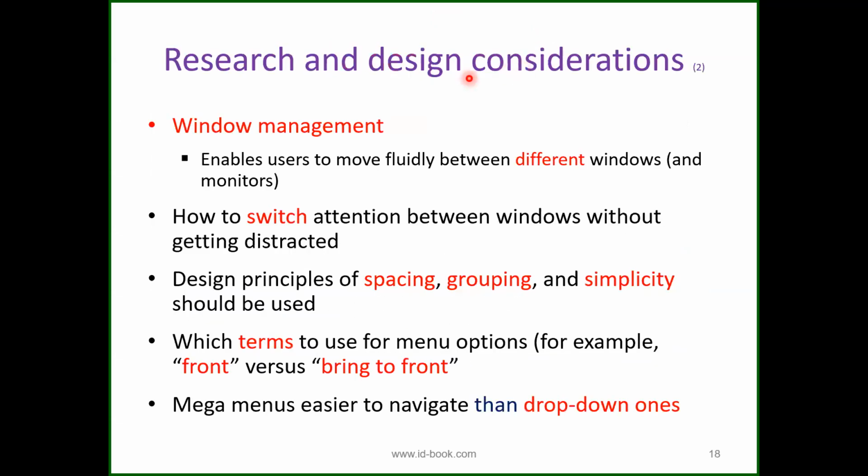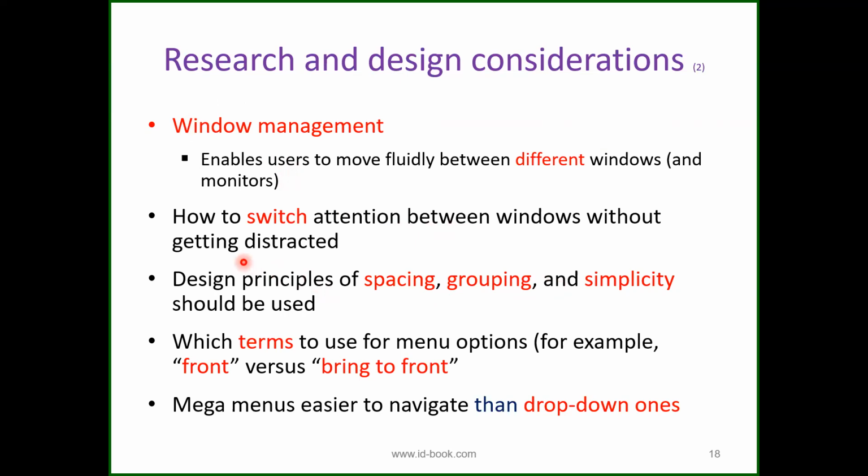So the design and research considerations that we have to keep in mind when working with window management are as follows. Windows enable the user to move fluidly between the different windows and the monitors. So switching the attention between windows without getting distracted is very much required.